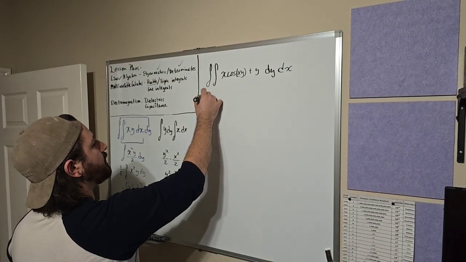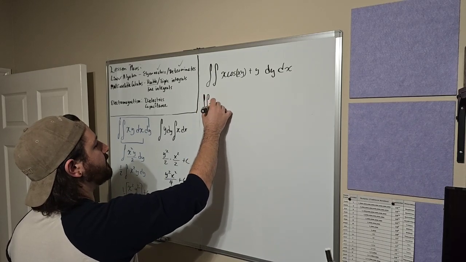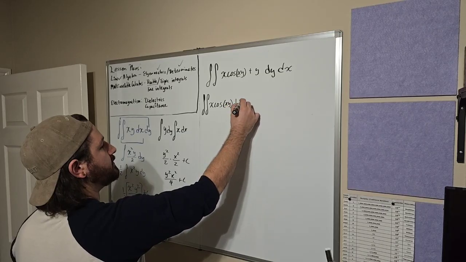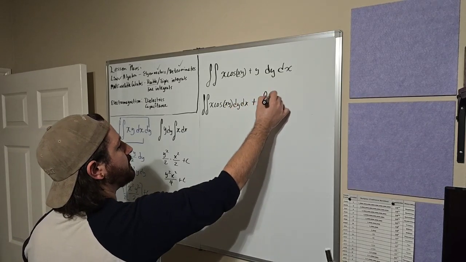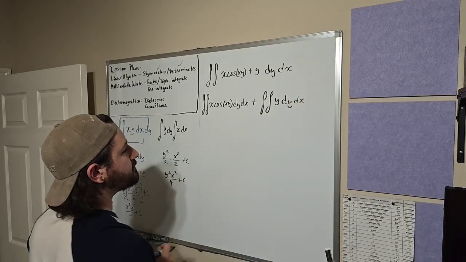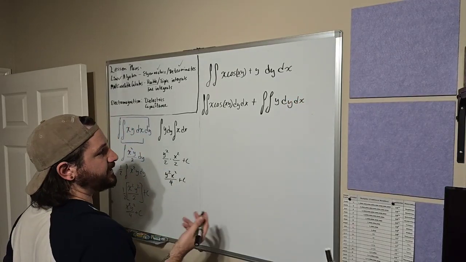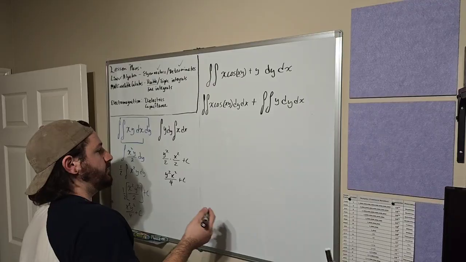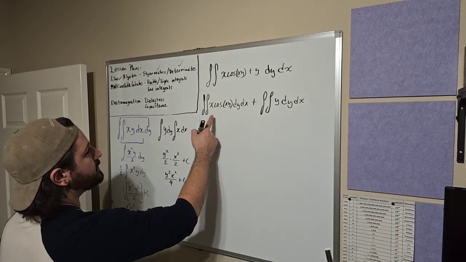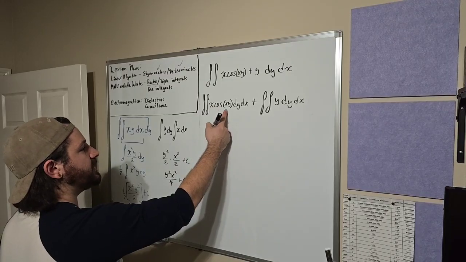So what we can do is rewrite this as the double integral of x cosine of xy dy dx plus the double integral of y dy dx. Now the reason that's particularly interesting to us is because we're going to do this idea on both of these individually. So here we have x times cosine xy.